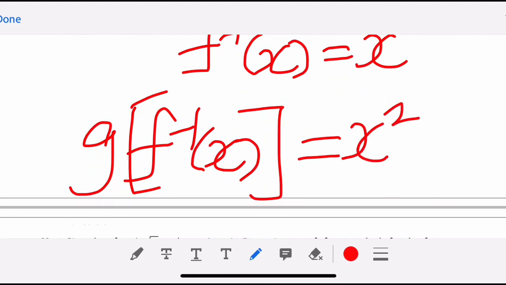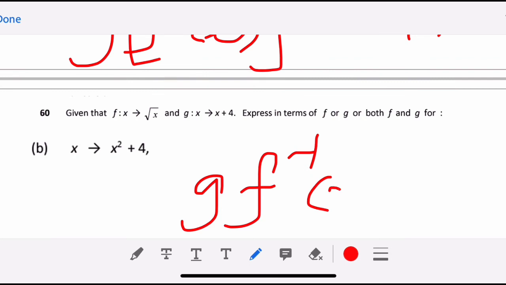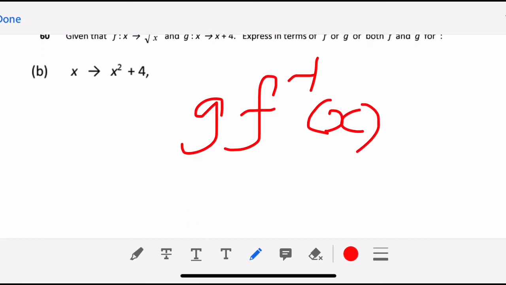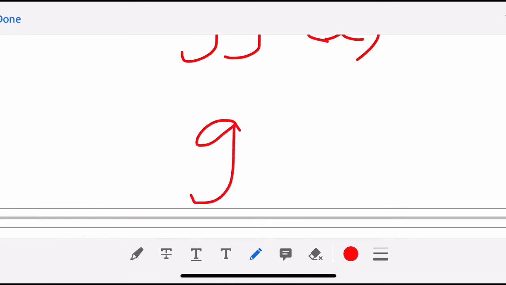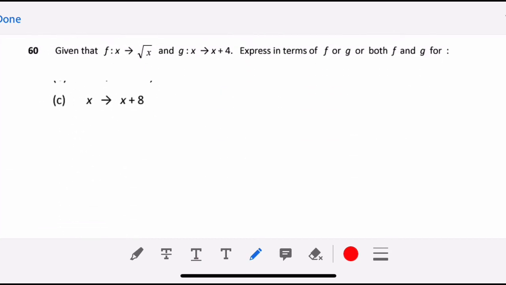Got it? So your answer you should write is g bring the inverse function f, whereby your inverse function f is the object. Or you can just write g(f^-1(x)), accepted. Alright? Because they want you to express in terms of g with something.